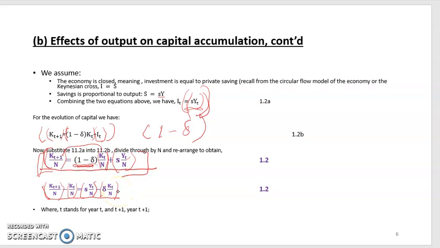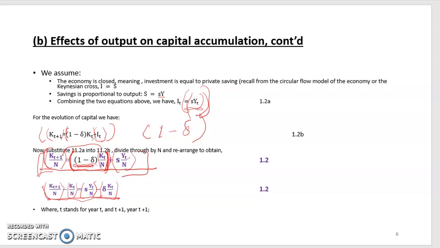So the change in capital stock per worker is equal to the savings per worker minus depreciation.